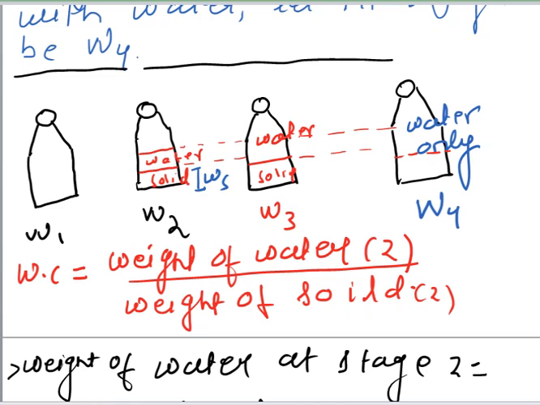Let this portion be water B. This is B. So this is also water, so we need basically this water, and this is also completely filled with water.